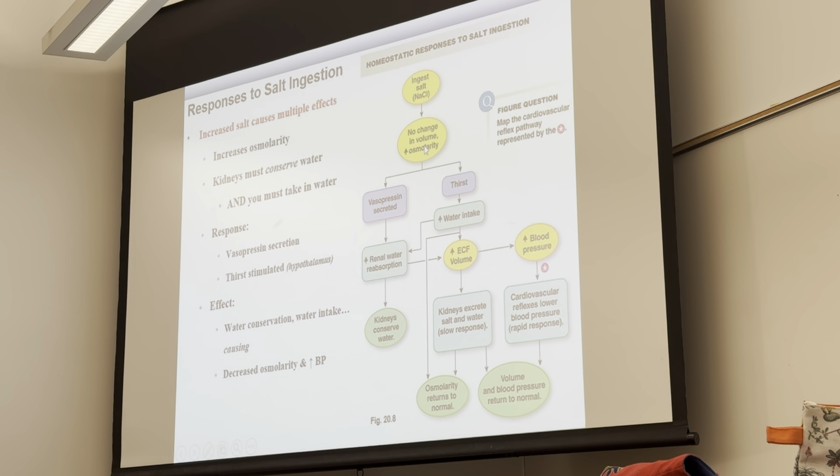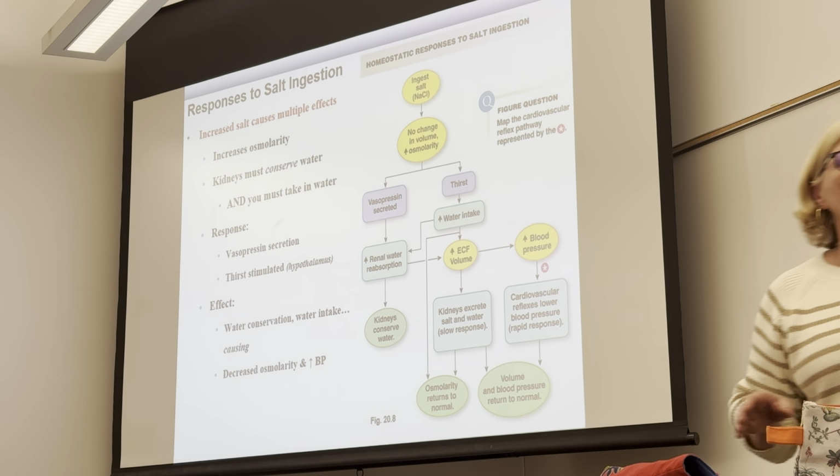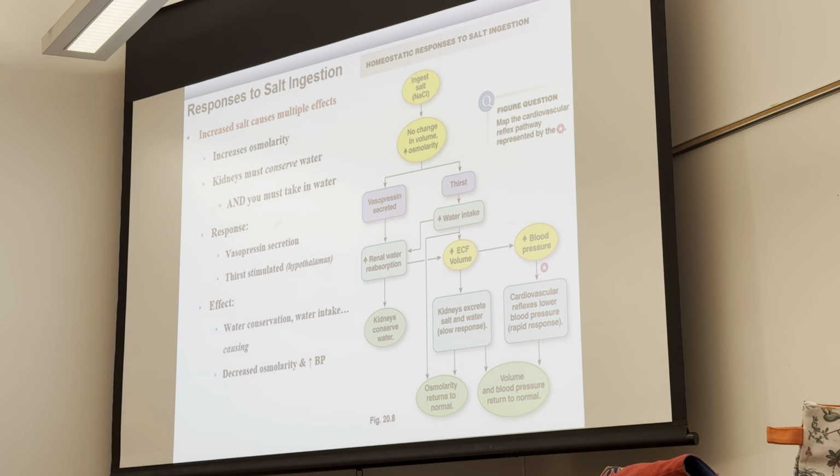But the hypothalamus also has osmolarity receptors that are very sensitive to osmolarity, and it will also increase thirst. So it's similar to what we just saw before, but many factors can stimulate similar responses. Like salt ingestion will stimulate the thirst. So it increases the ECF, increases plasma, and then makes the osmolarity return to normal.